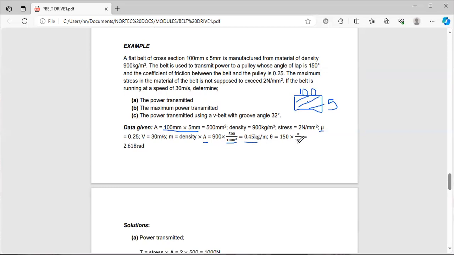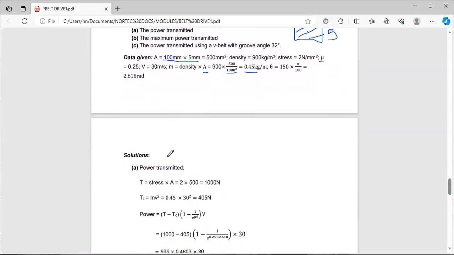The angle of lap also is supposed to be in radians. So theta, which is 150 degrees, multiplied by pi over 180. The answer is 2.618 radians. With this information, we want the power transmitted.